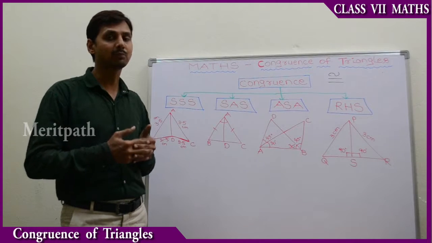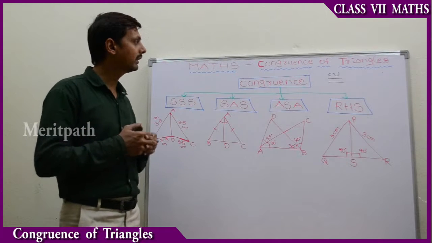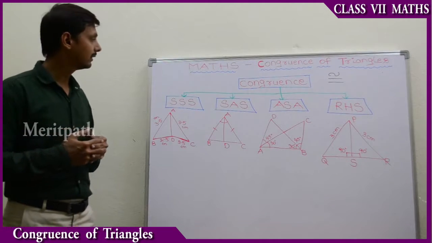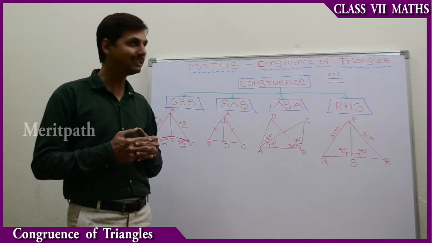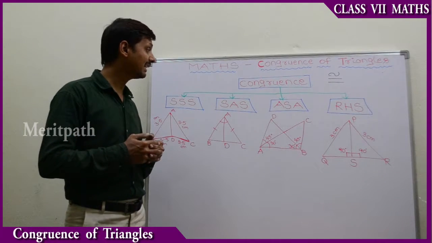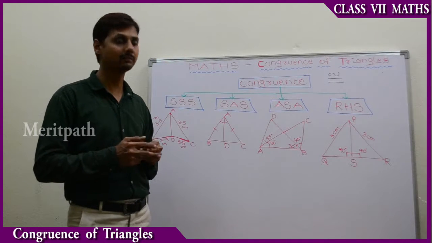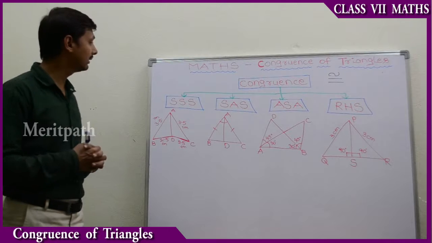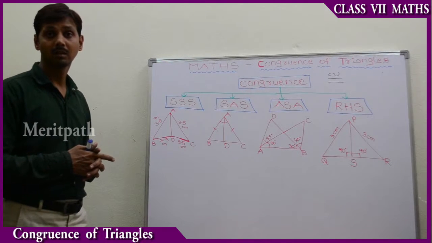We have different types of criteria, like some of the properties of congruency of a triangle. That is SSS criterion, SAS criterion, ASA criterion, and RHS criterion. Let's start with the SSS criterion of a triangle.